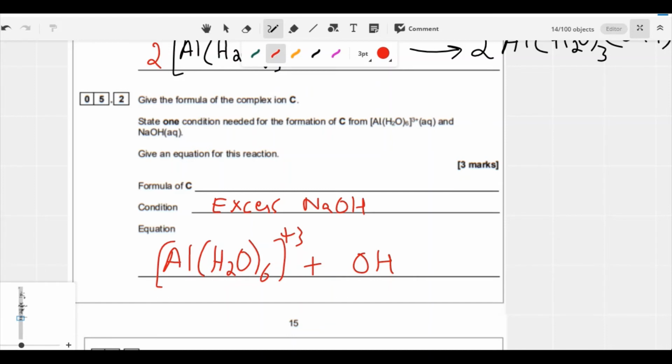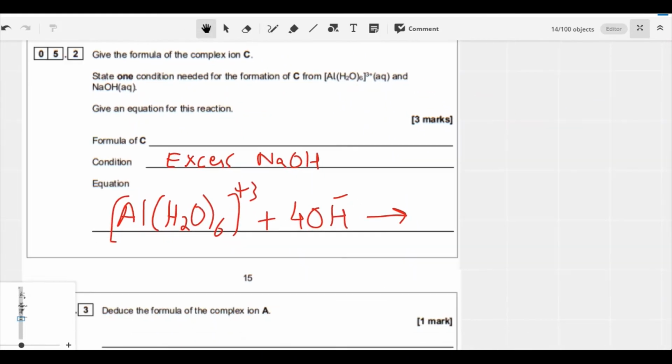Now it will produce, so you can see here are the three OH, and there will be 4 OH negative that will combine, because that is in excess.